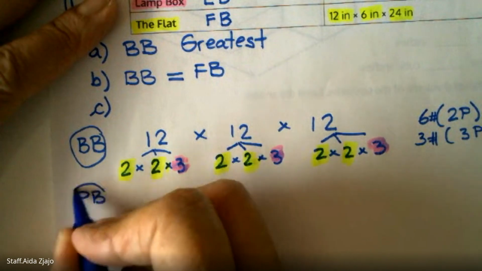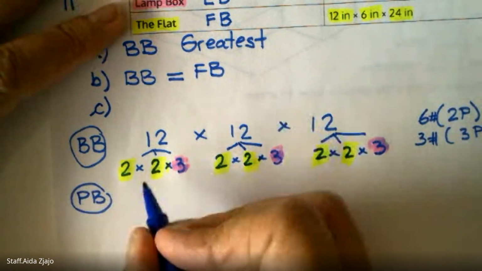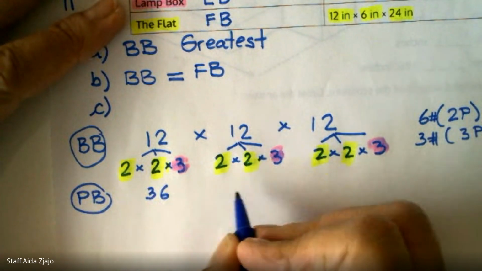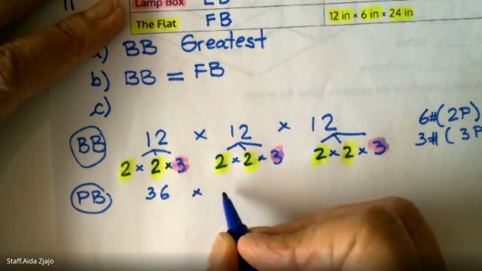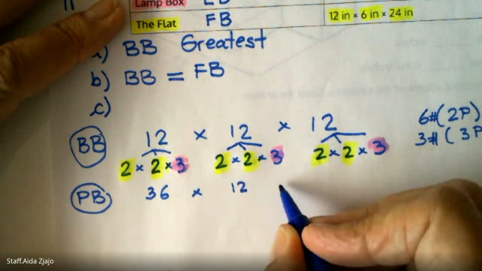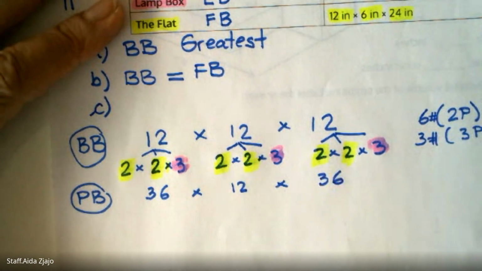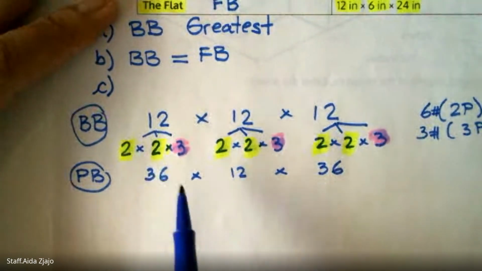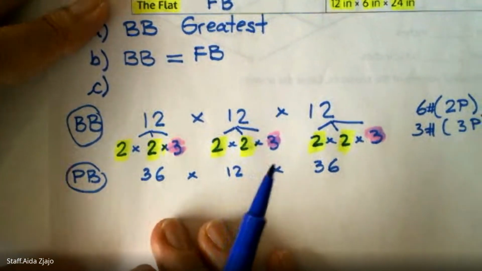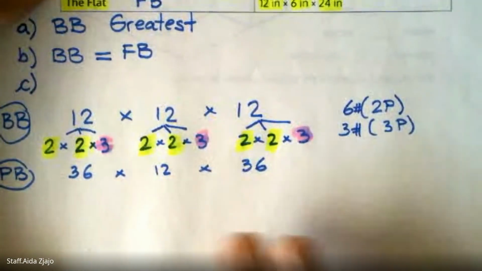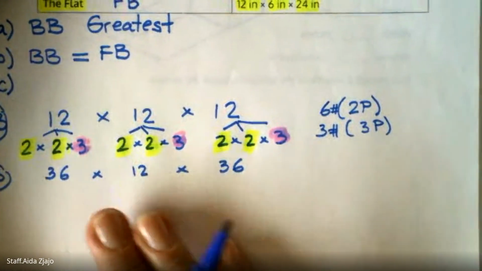PB. Okay, it says 36 times 12 times 36. When you think about this, I can also show you on the side, if I would like to find the prime numbers, I can use a tree.